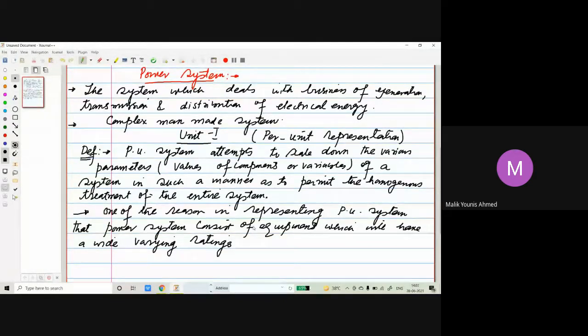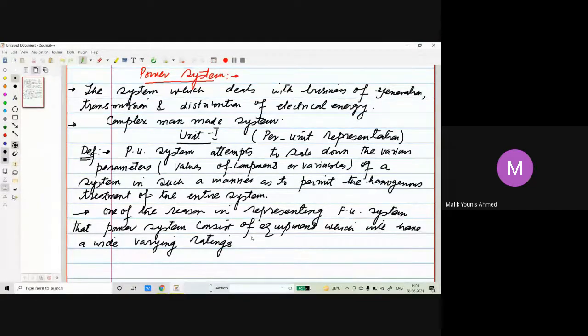And then what will happen if there are wide varying ratings, and if we use all these different voltage levels and power levels, then there is always a chance of making mistakes. So the power system has equipments with very wide ratings. That means all the equipments will have different kVA, real power, reactive power, and voltage ratings.